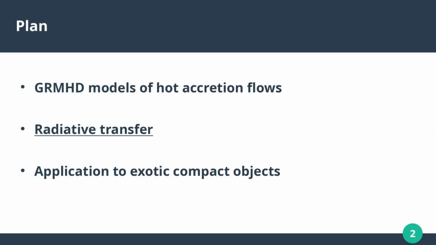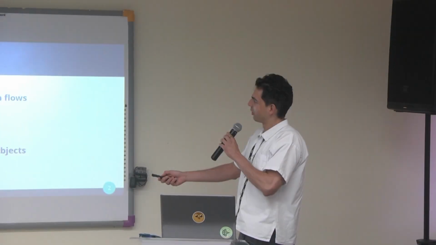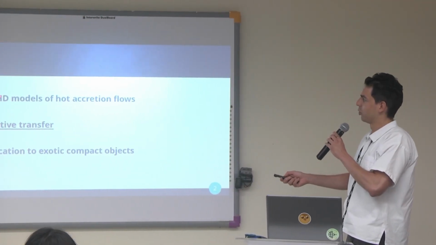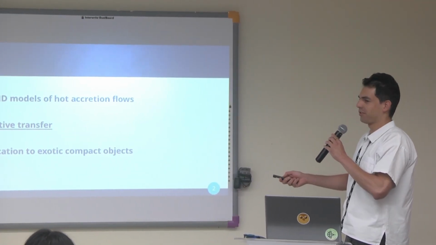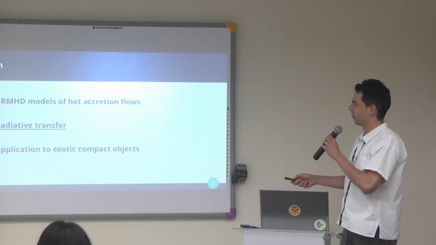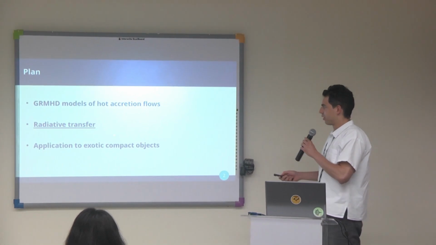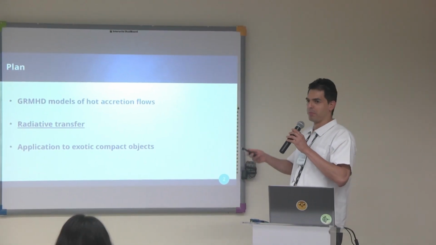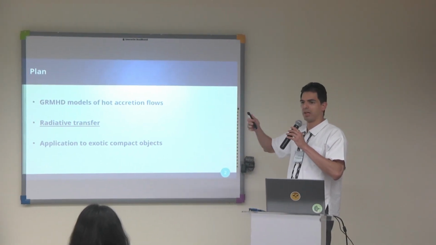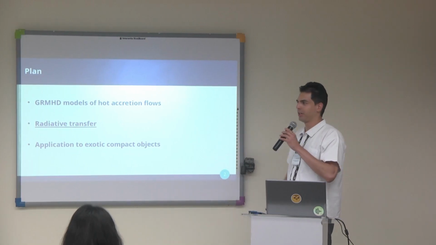So yesterday we discussed and talked a lot about how to create general relativistic magnetohydrodynamic, or GRMHD, models of hot accretion flows. If you remember, there was a pipeline that was used to create synthetic observations.